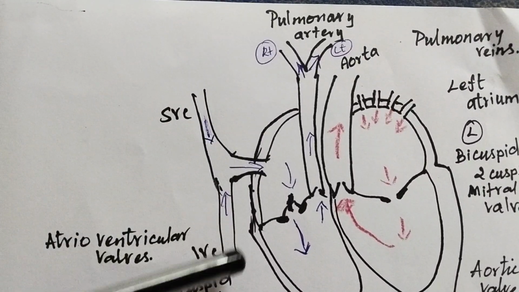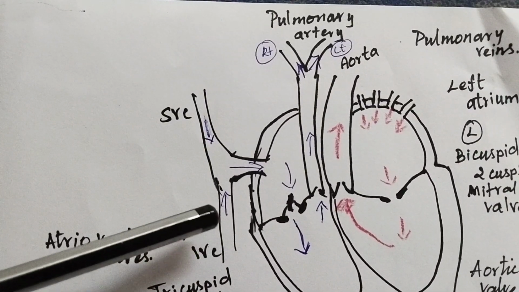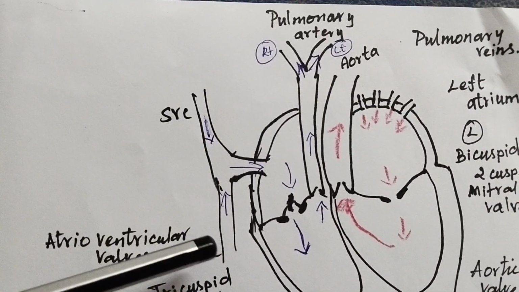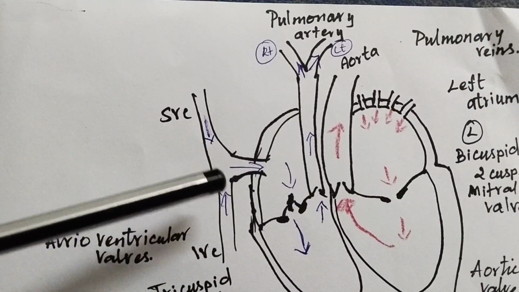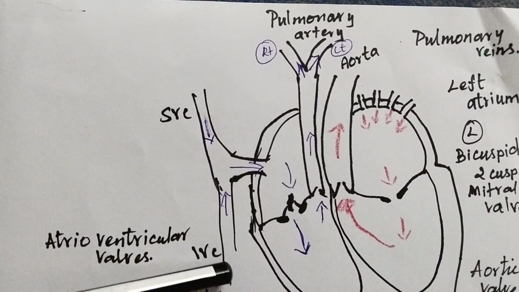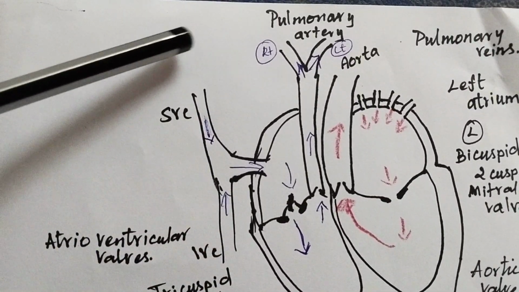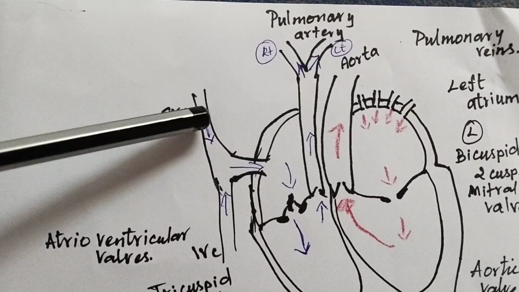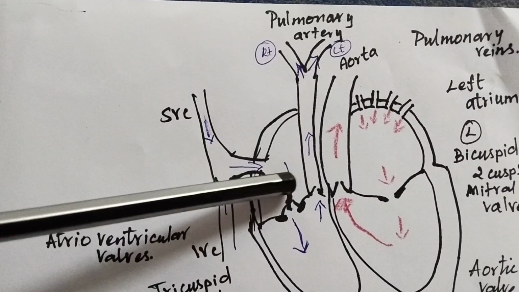From the lower side, from the abdomen, renal and iliac veins, the lower part of the body veins are all connected to the inferior vena cava, and the upper part of the veins are all connected to the superior vena cava. Both bring the blood to the right atrium.